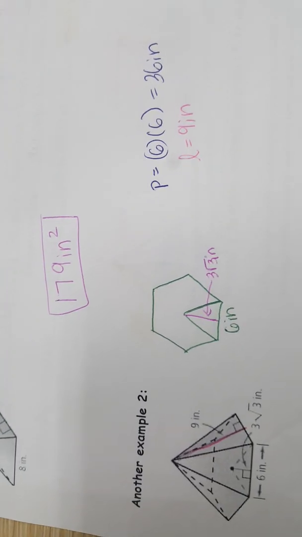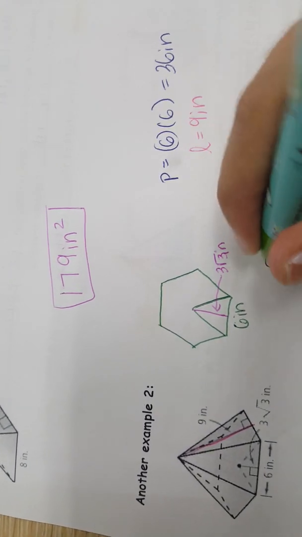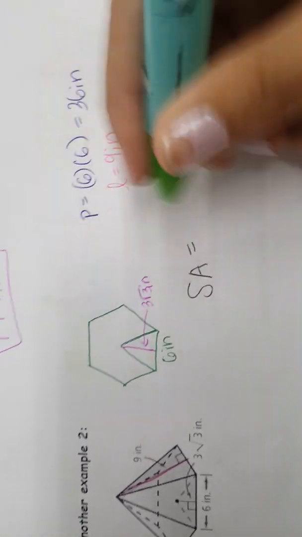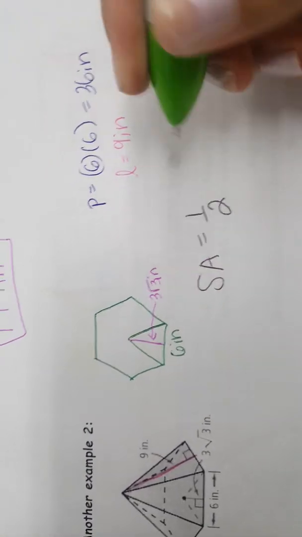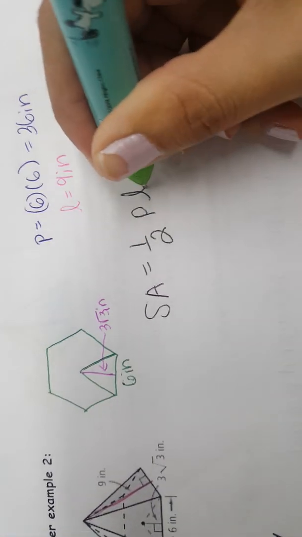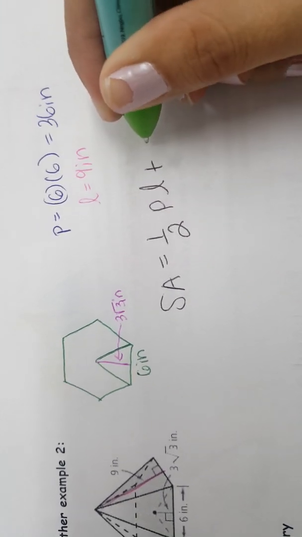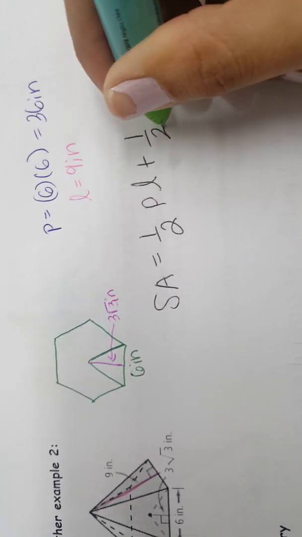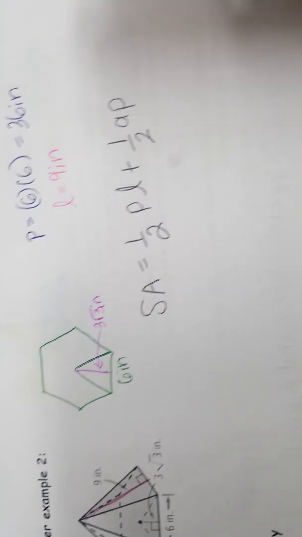Now we can find the surface area. The surface area is 1/2 the perimeter times the slant height plus the area of the base. In this case, the area of the base is 1/2 the apothem times the perimeter.